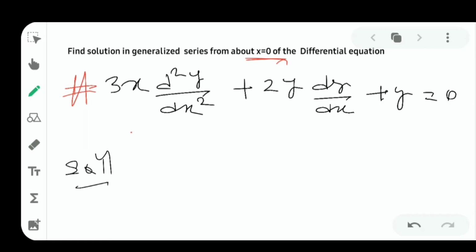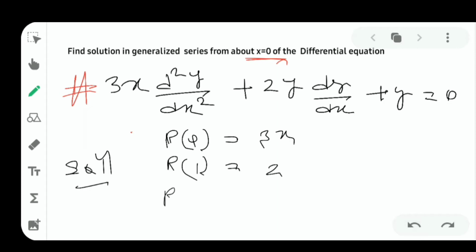So the solution: p0 will be equal to 3x, p1 is equal to 2, and p2 is equal to 1.